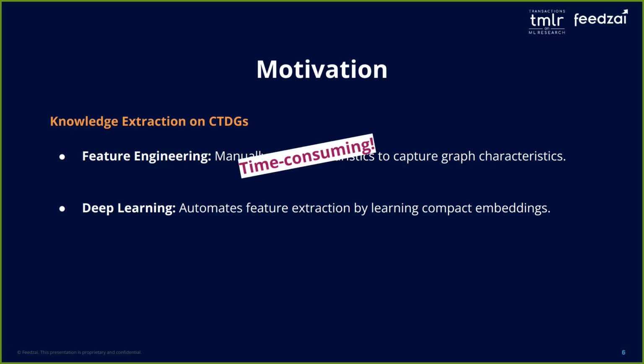Feature engineering approaches are time-consuming due to their manual nature. On the other hand, existing deep learning approaches might suffer from higher latencies, especially in inference time, making their deployment in real-time scenarios not possible.